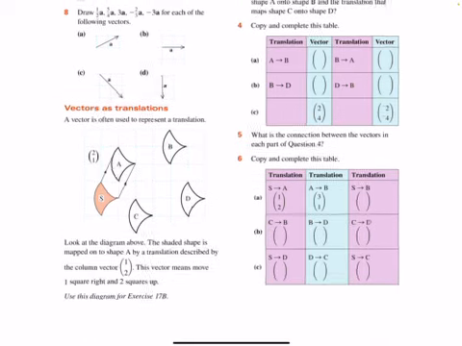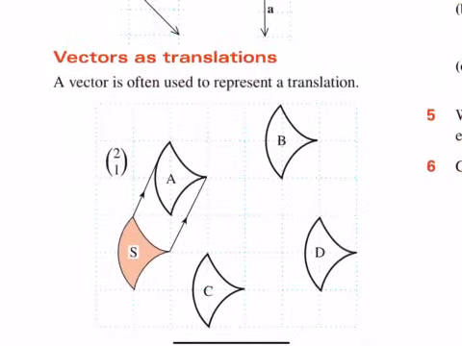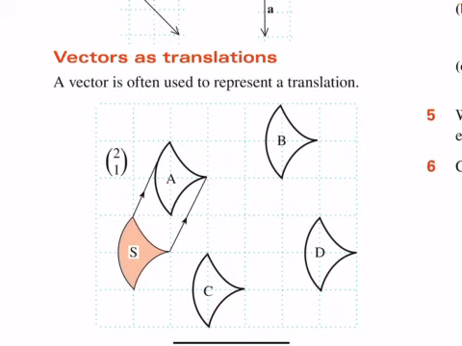Looking at vectors as translations, you're moving S to all the other letters. S is standing there, and it moves to A. How do you do it specifically with an object?